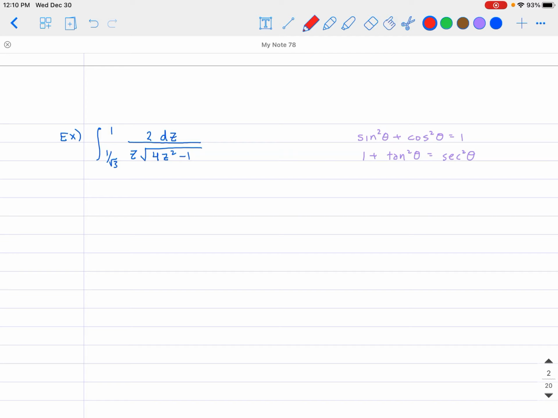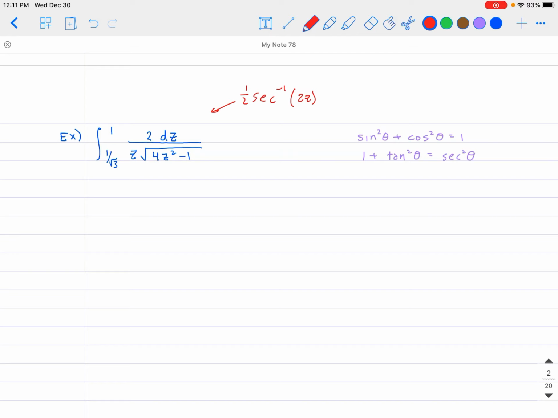These are some things that should look somewhat familiar to you, because if you look at it as a whole, you can hopefully recognize that this is going to be some sort of secant inverse of something. In terms of what that something is supposed to be, it equals 2z, and then it's going to be 1 over 2. I select these problems just to make sure that we can basically recognize the answer from the very beginning.